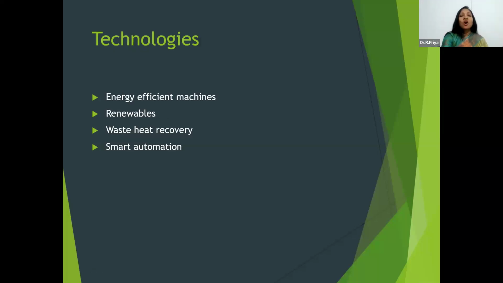Then the technologies used in green manufacturing. Green manufacturing is made possible through modern engineering technologies that reduce the environmental impact while improving productivity.